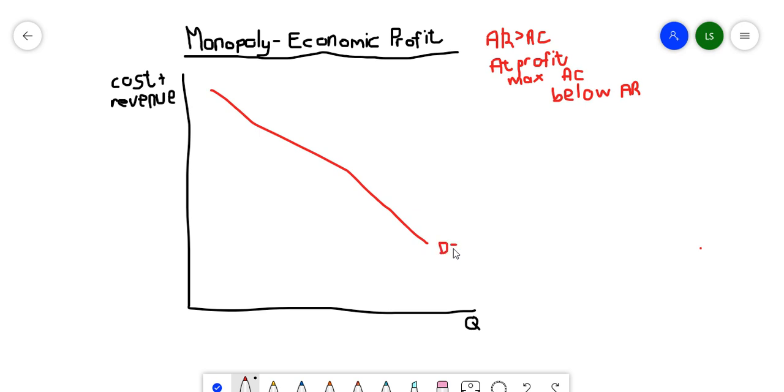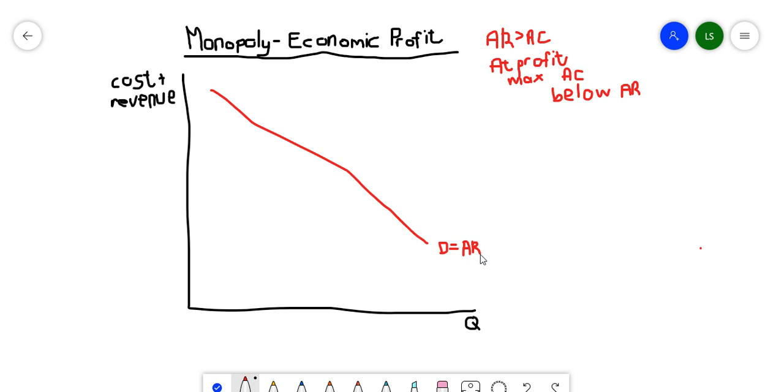Remember, in the monopoly, there is only one producer. So this one producer represents the entire industry. And our market demand curve is always negative. Even in the perfect market, your market demand curve was negative. It is the individual producer's graph that was horizontal.